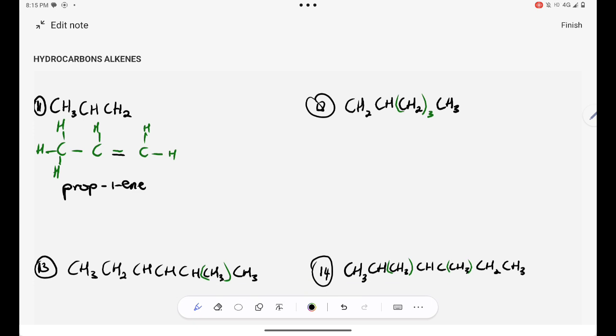Okay, and then the second one, I have CH2, I have CH, I have a CH over there. That shouldn't be there. For this thing to make sense, let me rewrite this.